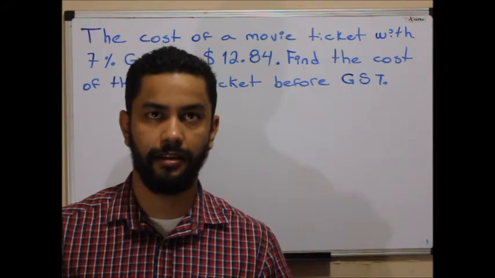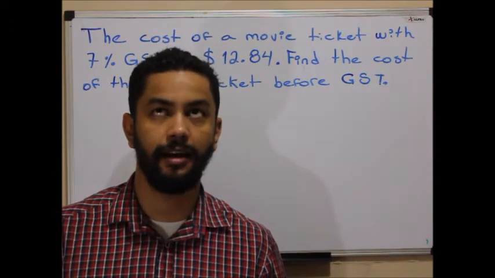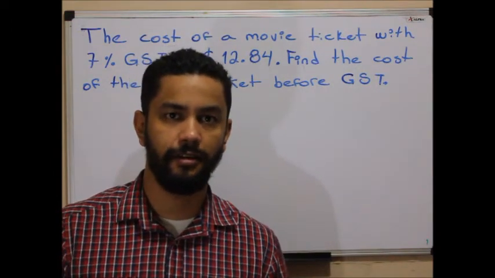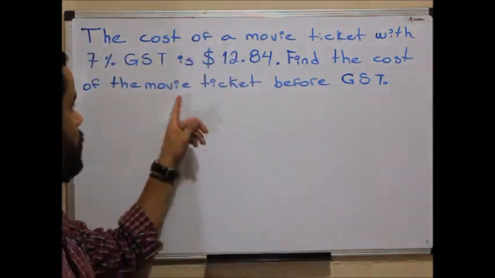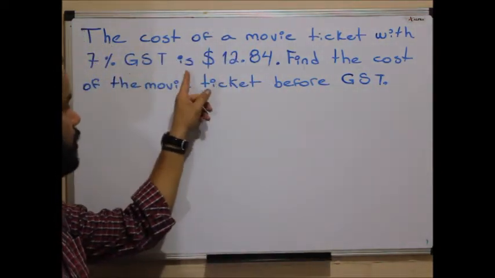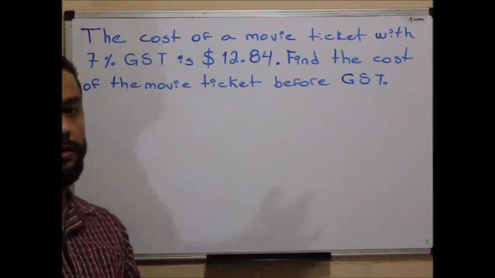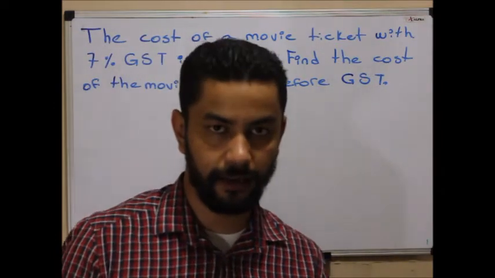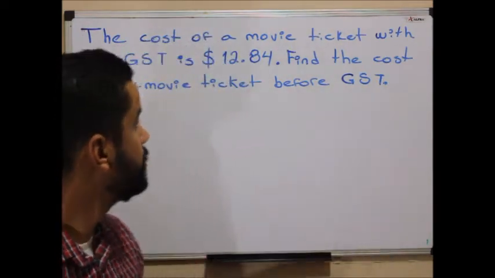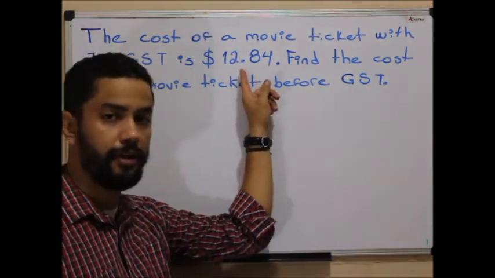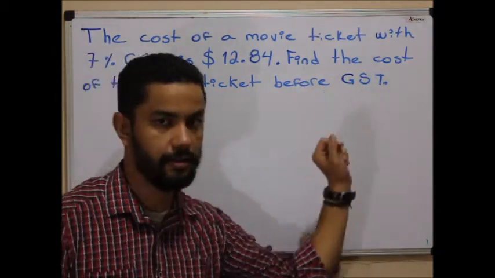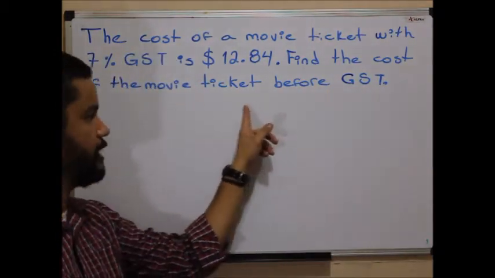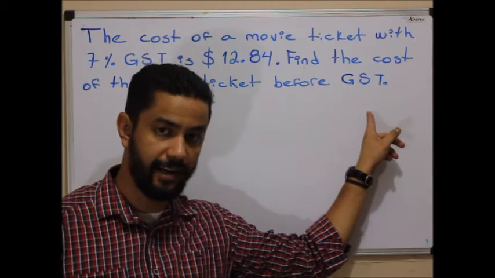Here in Honduras it is like the ISV, Impuesto sobre Venta. So the movie ticket with the tax price is 12.84. We need to find the cost of the movie ticket before the tax.